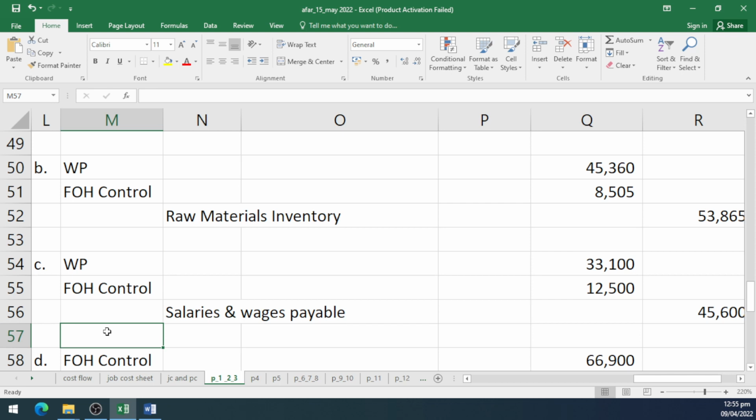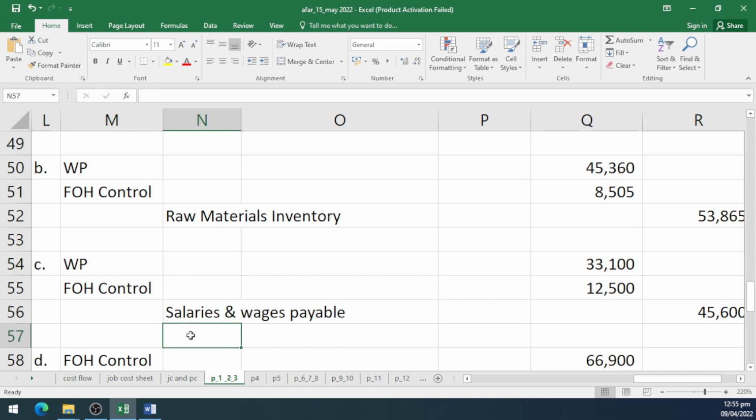Then to record our labor cost, and we bypass the payroll control account this time kasi identifiable naman na. Well, not all illustrations, not all textbooks, not all reviewers will be using that. Well, in manual payroll system, talagang gumagamit sila doon ng payroll control account.